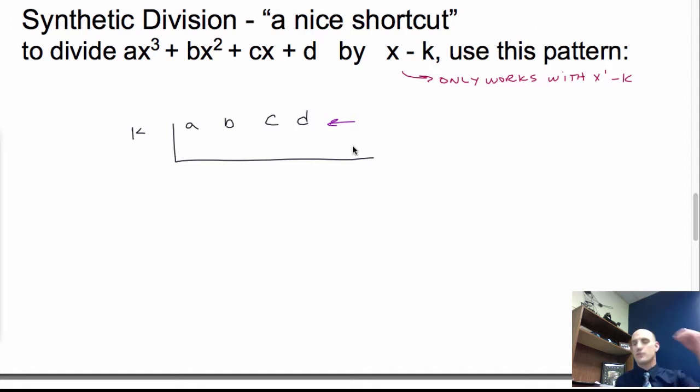As we did in polynomial division, you have to have all of them. So if it's an x to the third term and there happens to be no x squared term, you're going to have to put in a 0. Coefficients of the dividend, as opposed to the divisor, which is what we're dividing by. Must fill all places.